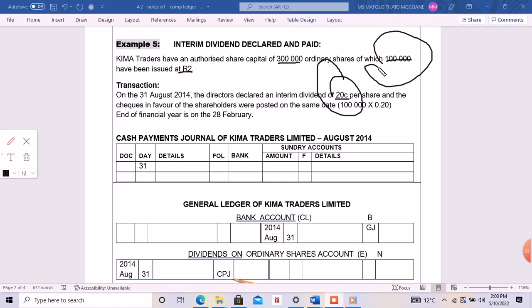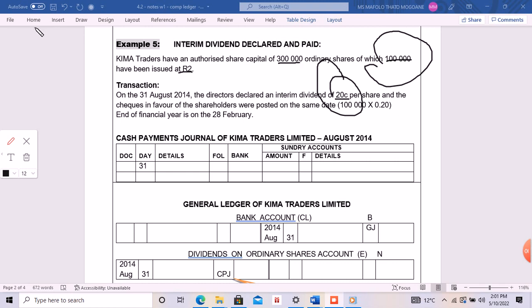I don't know if you get what I'm saying, but the dividend, that 20 cents, is calculated out of the 100,000 shares issued. The end of the financial year is on the 28th of February, meaning that this interim dividend was made during the year. So how do we calculate that one?